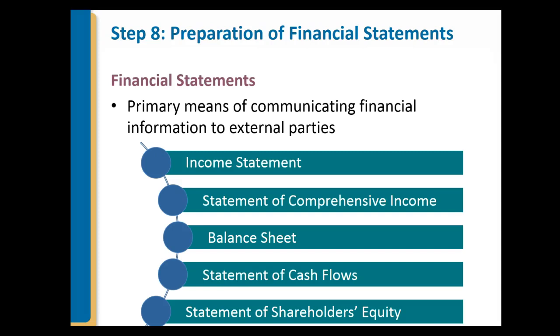Finally, the statement of cash flows is used to summarize the transactions that caused cash to change during the period. So the final statement, the statement of shareholders' equity, discloses the sources of the changes in the various permanent shareholders' equity accounts that happened during the period, from investments by owners, distributions to owners, net income, and other comprehensive income.